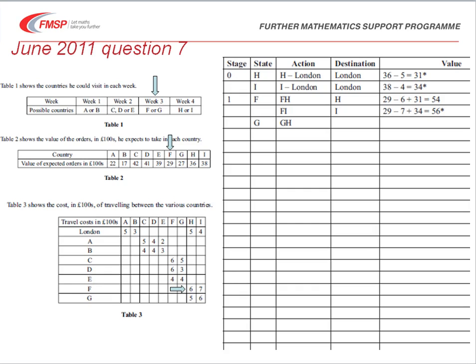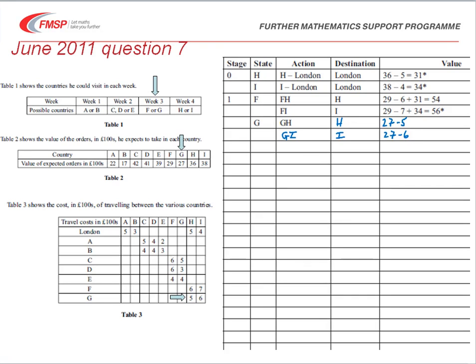Well, now it's our turn then. So we're looking at G. G again has got 2 possible actions, so I'd always say put the actions in first of all. GH is the first possibility, GI is the second, and H and I are again the destinations. Looking at our tables, the orders that we expect are 27, so both of these numbers here are going to be 27. And the travel costs for G to H are 5, and for G to I are 6.